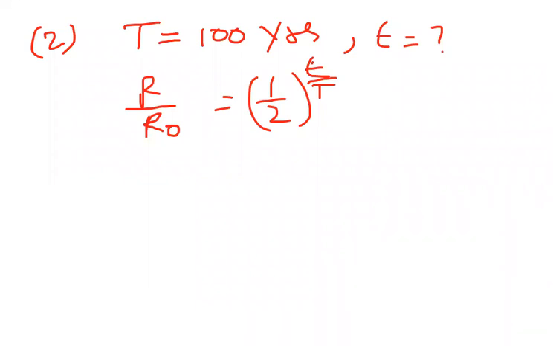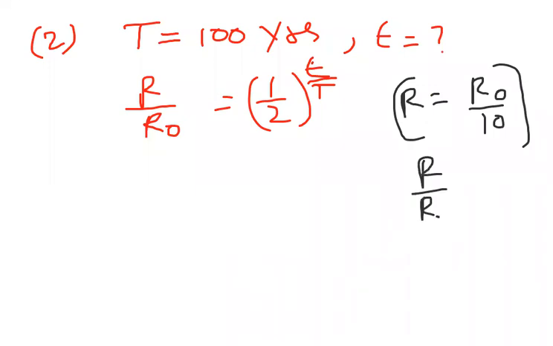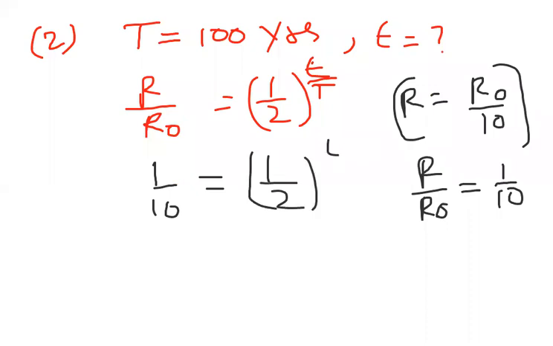That means R is equal to R naught by 10, so R by R naught is equal to 1 by 10. So 1 by 10 is equal to 1 by 2 whole power small t by capital T.